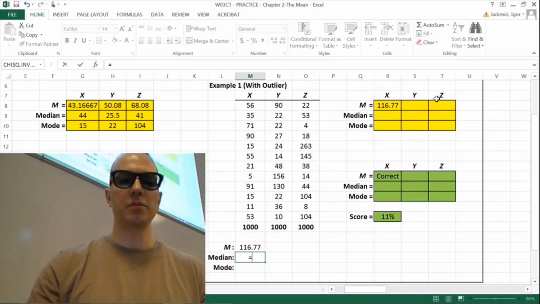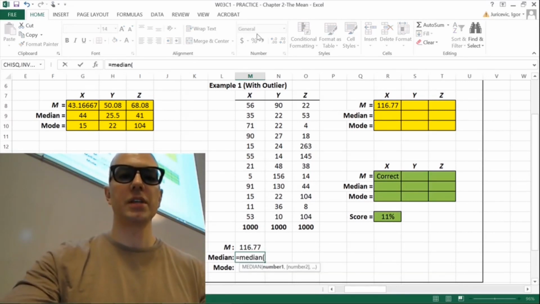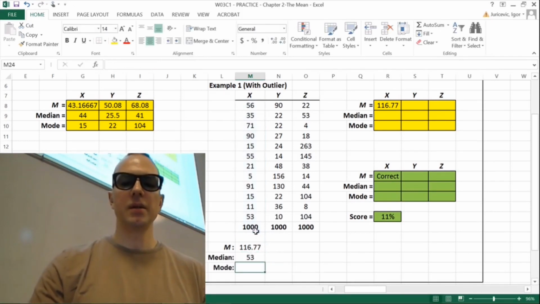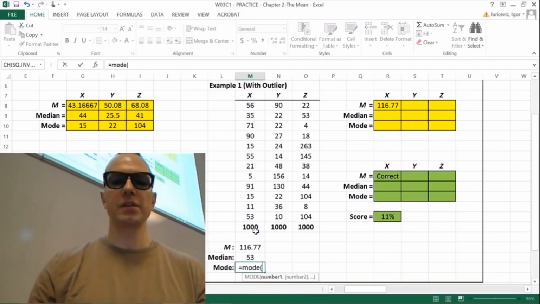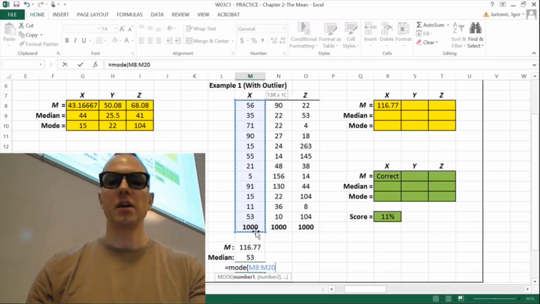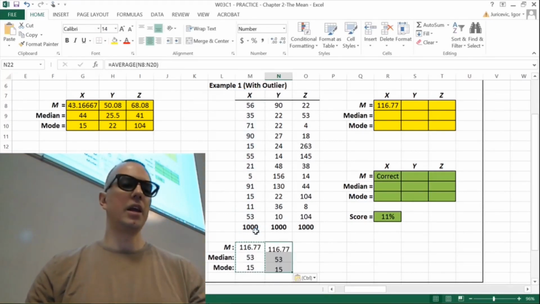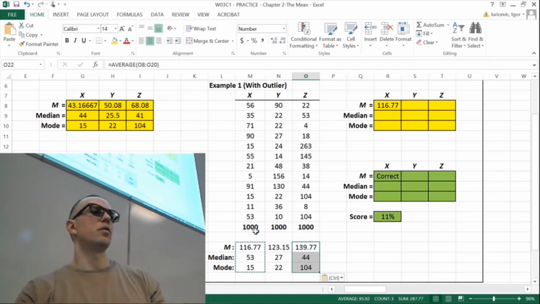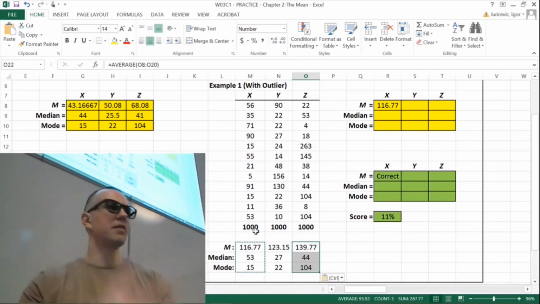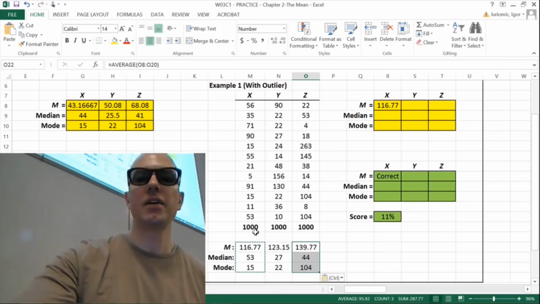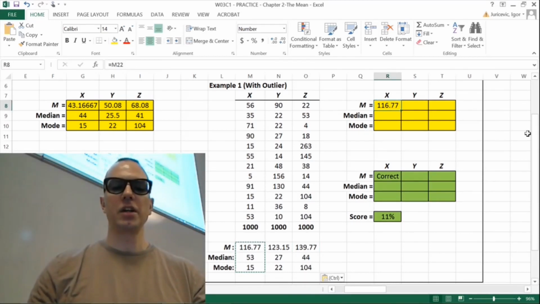I would go equals median, open parentheses, highlight those cells, close those parentheses, equals mode, open parentheses, highlight those cells, close the parentheses, and then you can take all 3 of those and copy and paste those formulas 3 at a time, and I've calculated the mean, the median, and the mode for every single set of scores that I have.